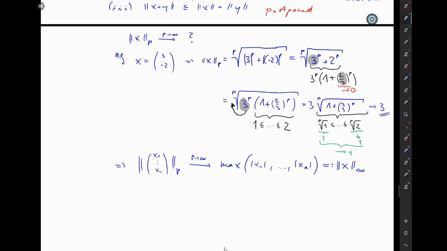So again, you have to prove that this is subject to 1, 2 and 3 of our definition, and 1 is quite easy because this maximum is 0 if and only if each one of these is 0, which means the vector is 0.